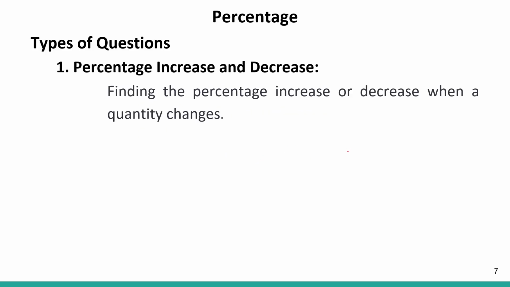So let's go forward. Type of questions: percentage increase and decrease. This means finding the percentage increase or decrease when a quantity changes. You are given a quantity and the quantity is changed now. Let's take that pizza example again. You had a pizza, you divided it into 4 equal parts. Initially you only had one piece, but after some time you got another piece.